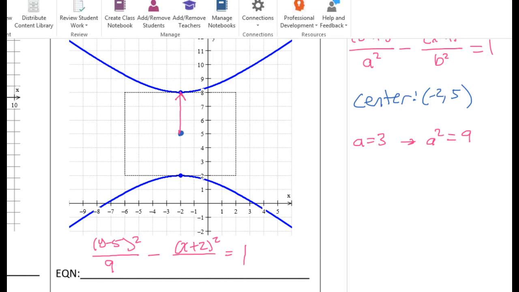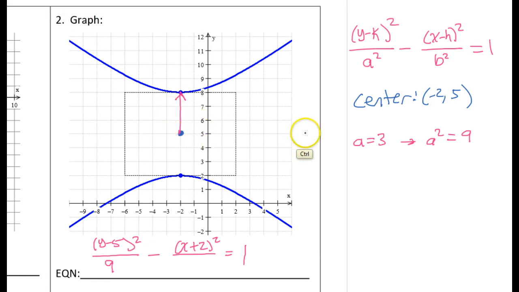Now it's time for the b value, the b squared. The b value is the distance from the center to the side of the rectangle that does not have a vertex. So in other words, from the center to a co-vertex. All right, these are the vertices, but these on the sides of this rectangle, these are the co-vertices, like here and here.